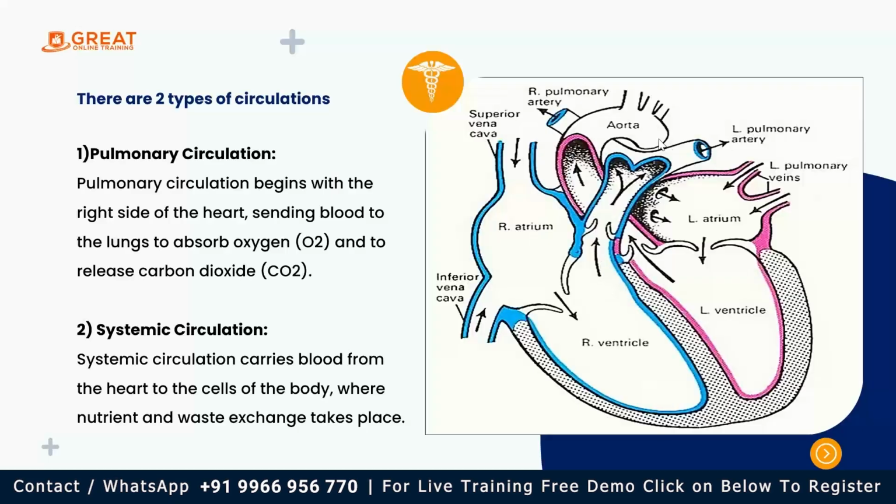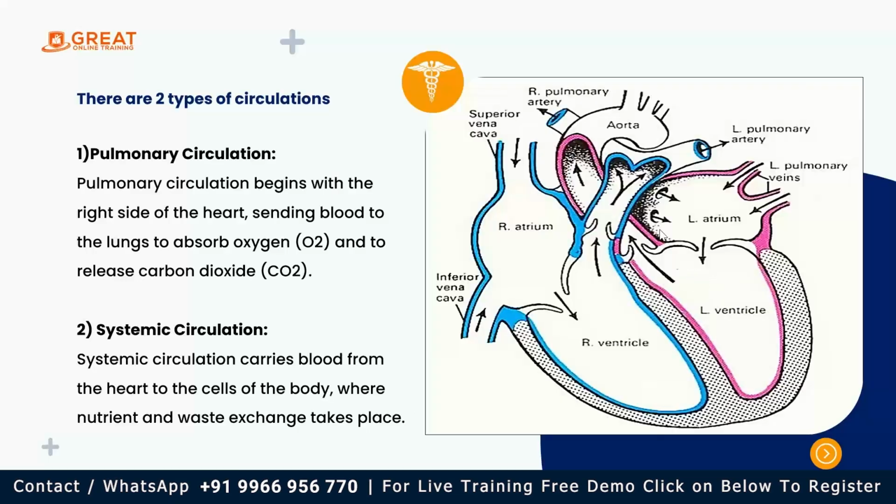From the right ventricle, via the pulmonary artery, the deoxygenated blood goes to the lungs to absorb oxygen and to release carbon dioxide. Whereas systemic circulation carries blood from the heart to the cells of the body, where nutrients and waste exchange takes place.